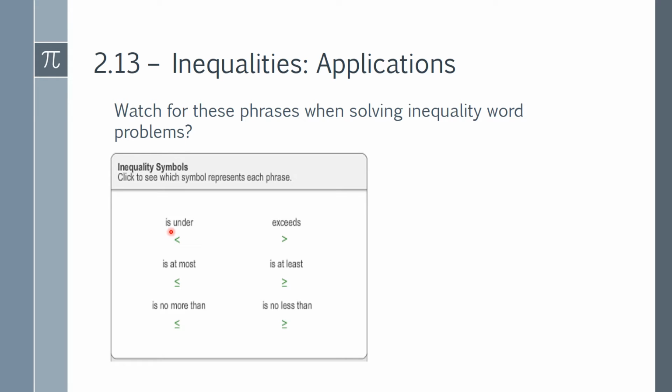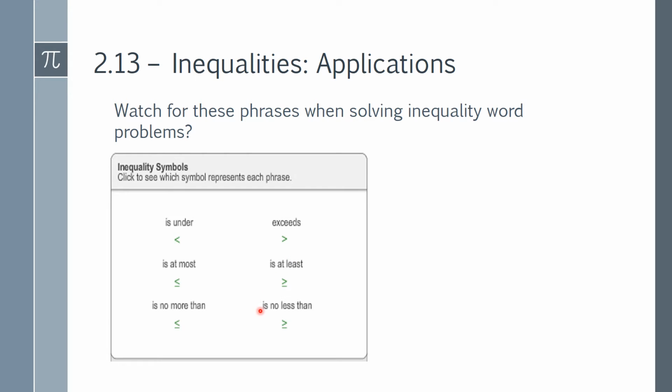Just less than. If I were to say is at most, that means less than or equal to. If I were to say is no more than, that also means less than or equal to. If you were to say exceeds, that means the greater than sign. If you were to say is at least, that is the greater than or equal to.